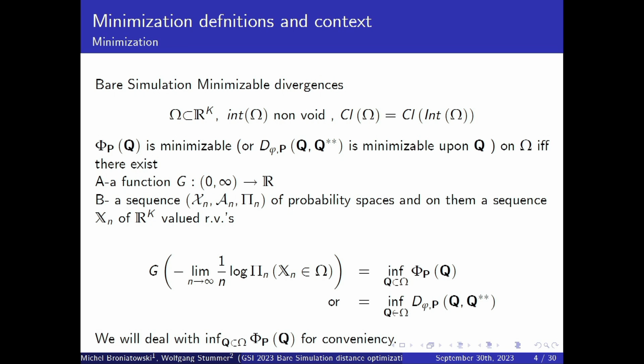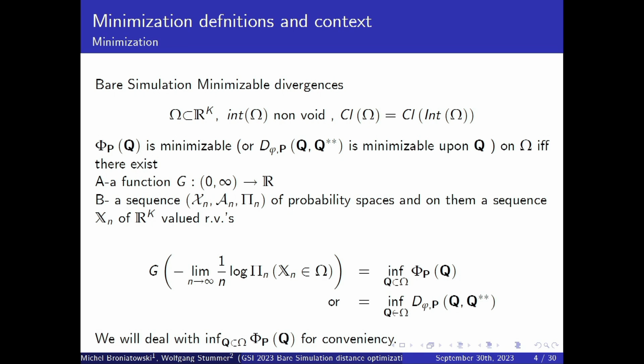So this is basically the setting, and the point is to build the adequate sequence X_n, which therefore belongs to the same space as omega does, in such a way that the occurrence of X_n in omega will be in full correspondence with the minimization of the function phi.